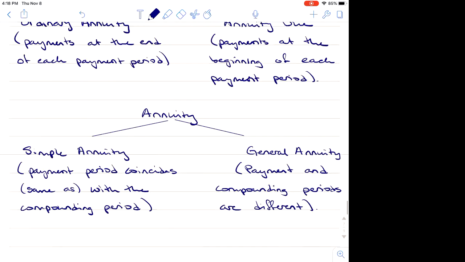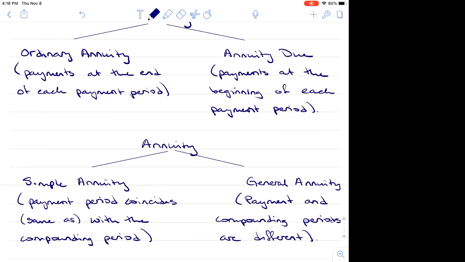So let's start. I said the default is going to be ordinary annuities, just payments at the end of each payment period. Unless I specify, you can assume that the payments are at the end. And then we'll start with simple annuities.